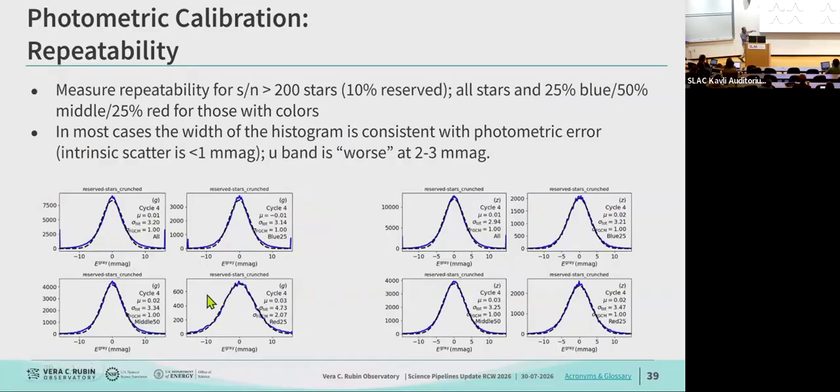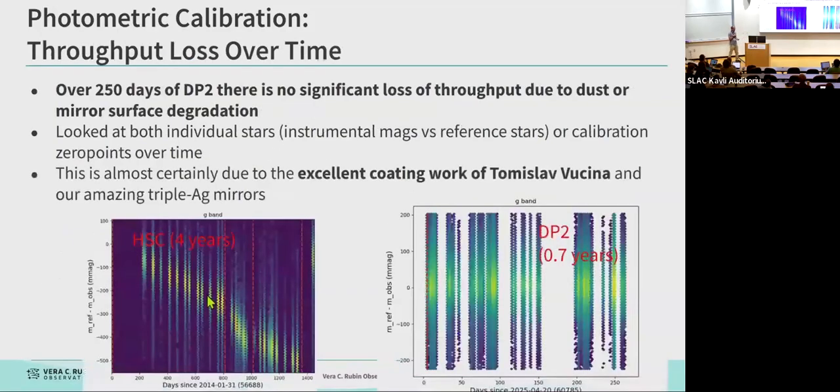And then the sigma total, a few millimags, is the repeatability in the whole histogram. That is, of course, less than the photometric error for the signal to noise 200 stars. So the intrinsic photometric calibration is somewhere below there, 1 to 2 millimags.